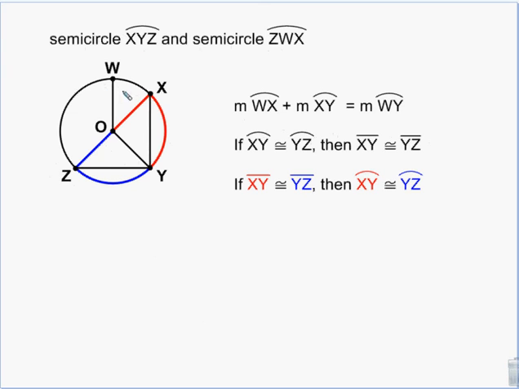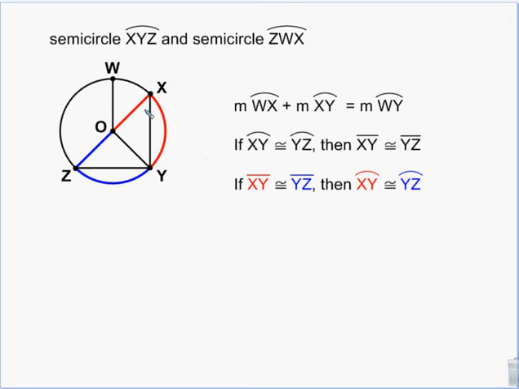If I have the measure of arc WX plus the measure of arc XY, this is that addition thing, it is equal to the measure of arc WY. Make sense? I take the 2 small ones and it makes the big one.